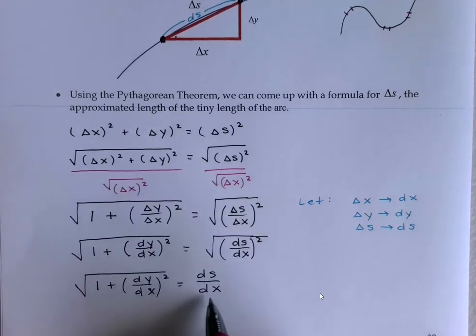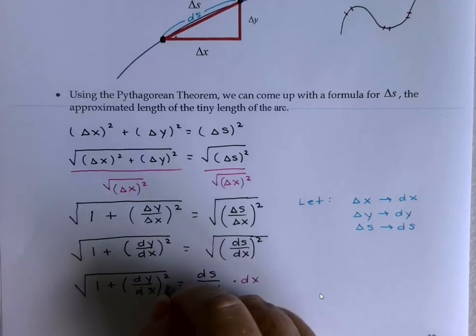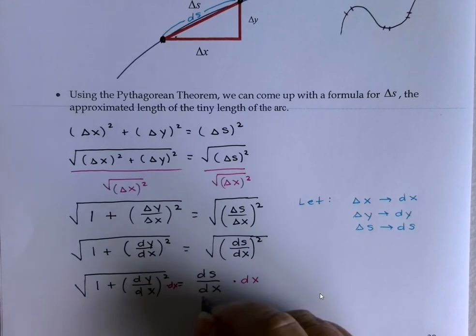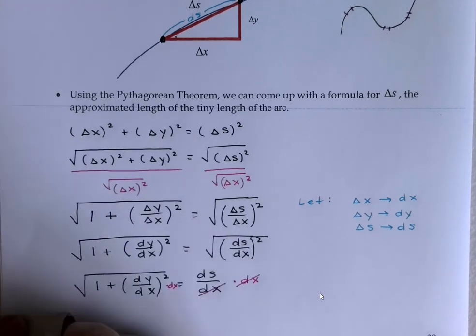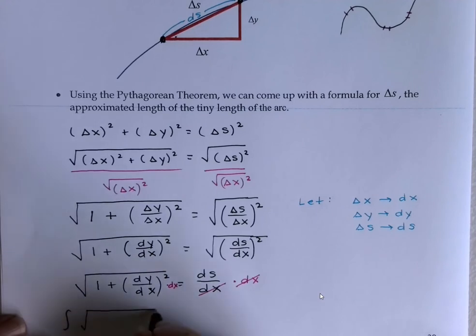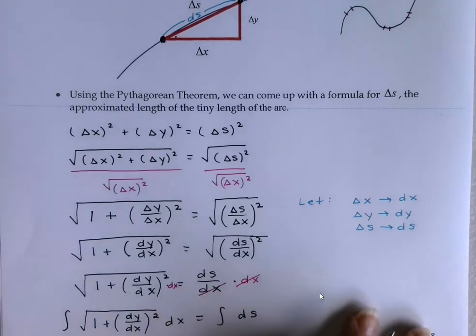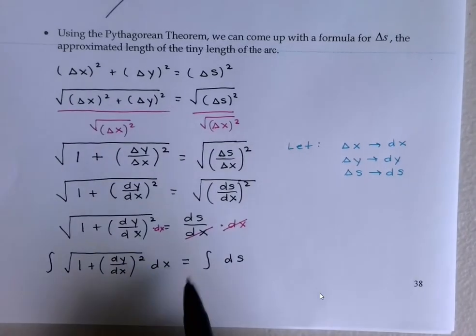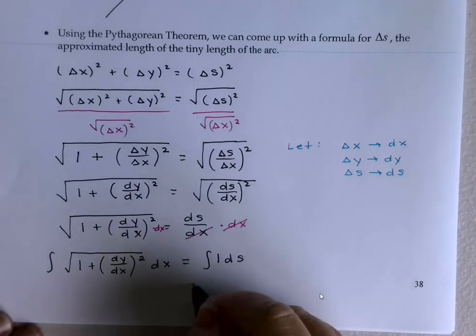A little bit of algebra. I'm going to multiply both sides by dx, so these go away. And then I'm going to take the integral of both sides. On the right-hand side, that's like the integral of 1 ds, so I'd get 1s, or just plain s.